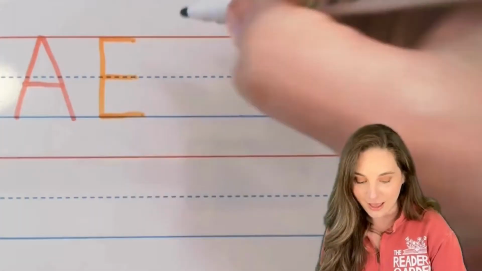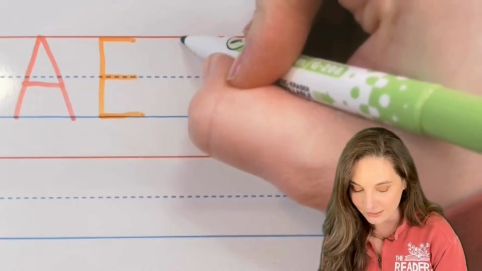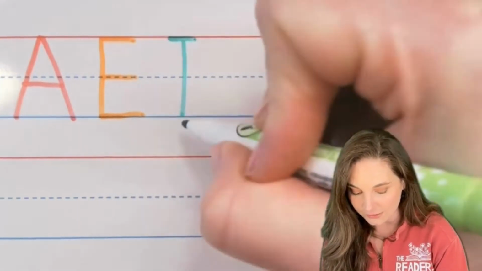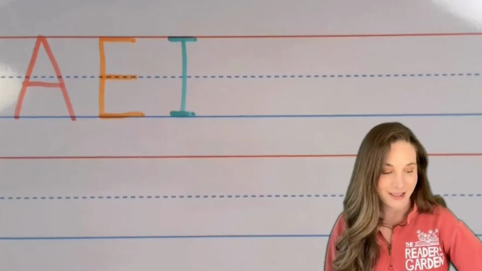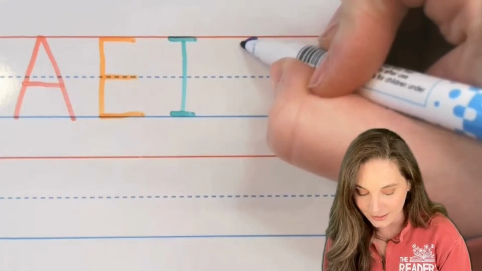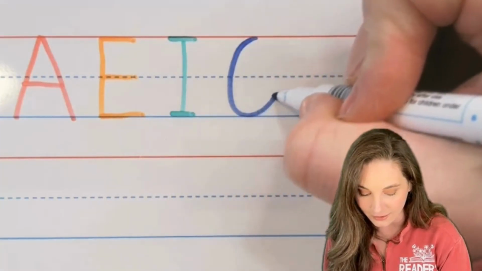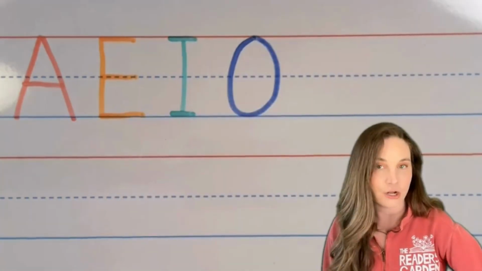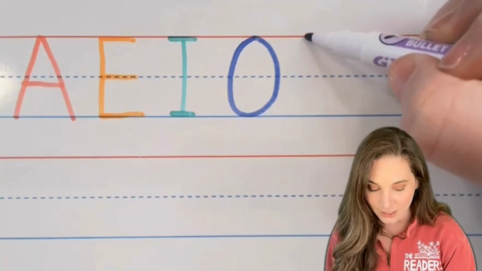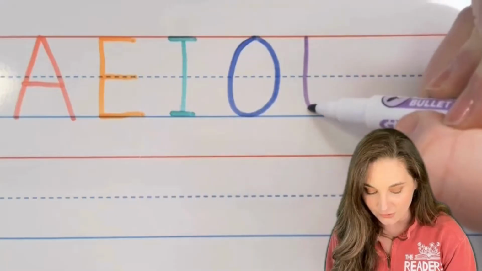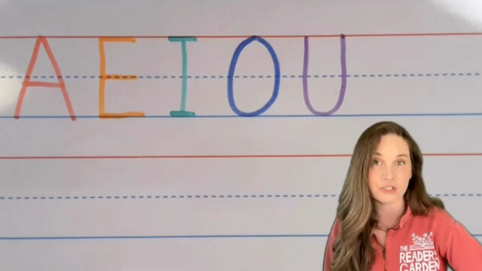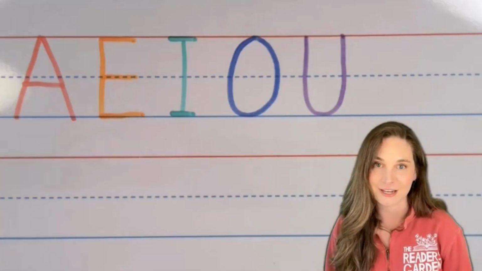I is a straight line, top to the bottom, hop to the top, line across, hop to the bottom, line across. Then O, we have our big egg, down, around, back up to the top. And our U is like a roller coaster. We start at the top, go down, down, down, start to curve at the bottom, back up, and hit the top. And that's how we do all of our uppercase letters.